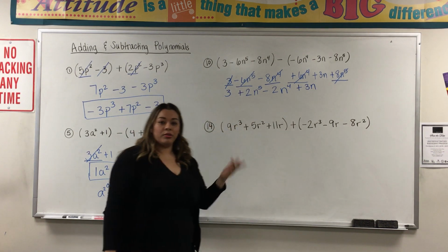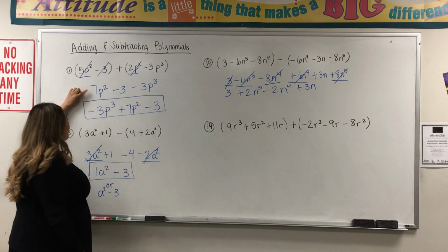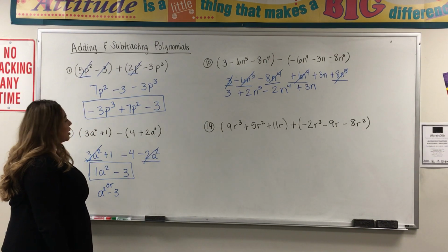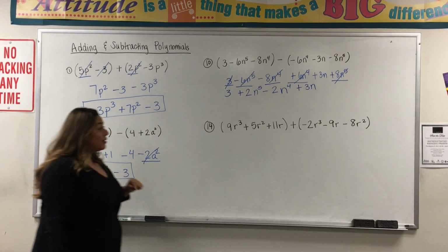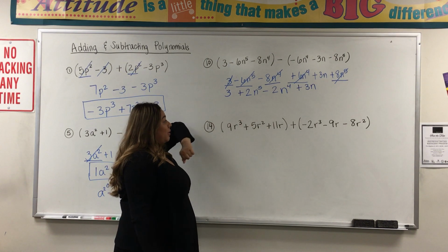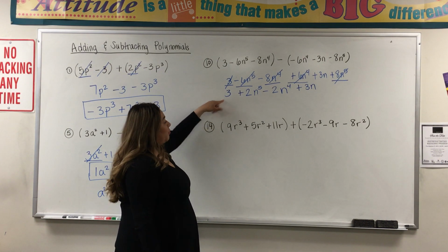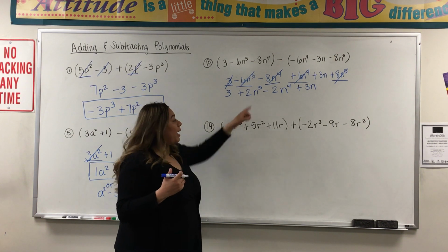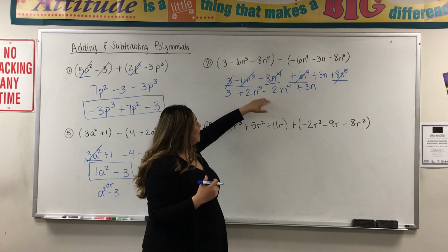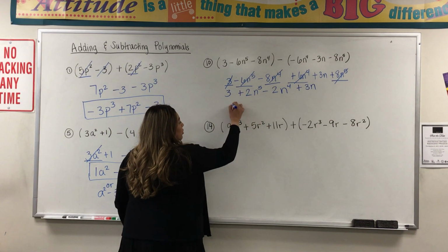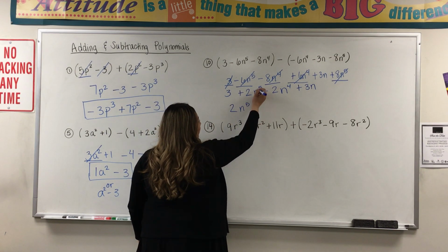Now remember from problem 1, how we went from here to here because we had to rearrange them from highest exponent to lowest exponent. In this case, it's gonna be the same thing because we have the number by itself as the first term. But we can't have it first because we have n to the 5th power. In this case, this is our highest exponent, so we're gonna start with this one. 2n to the power of 5.